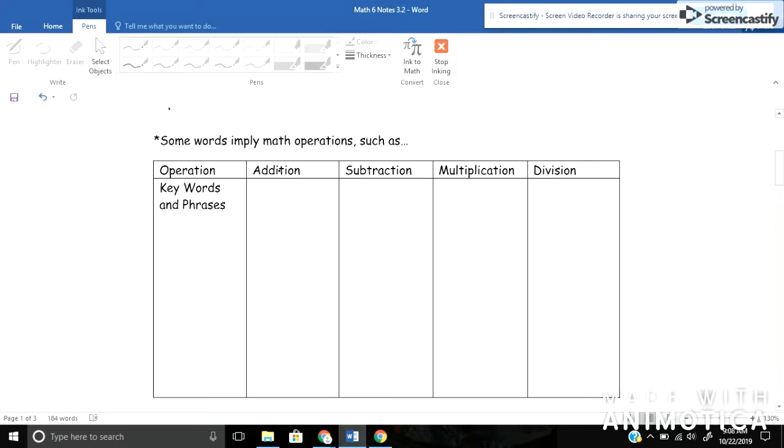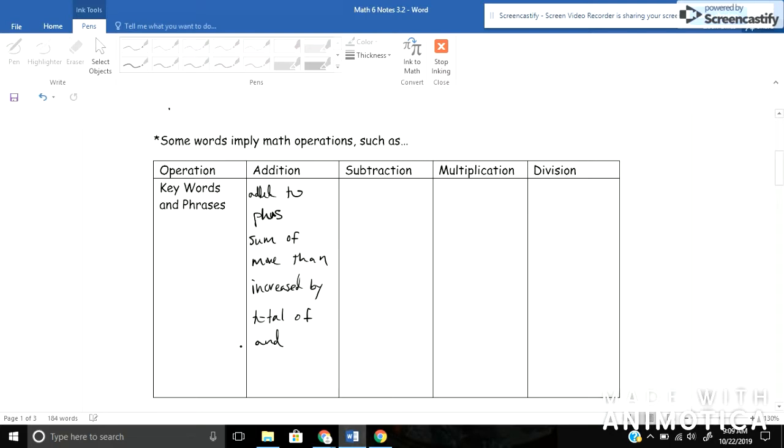So some keywords and phrases that we use when we're talking about addition are added to, plus, P-L-U-S, is a very common one, sum of, more than, increased by, total of, and lastly, and.